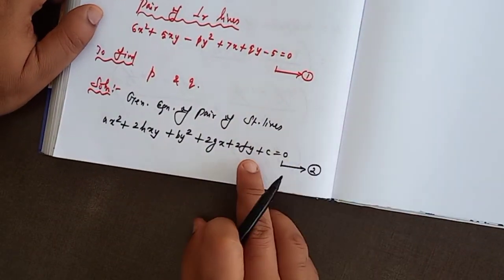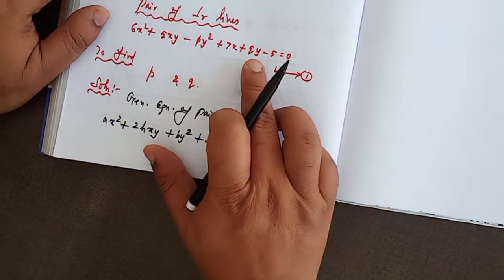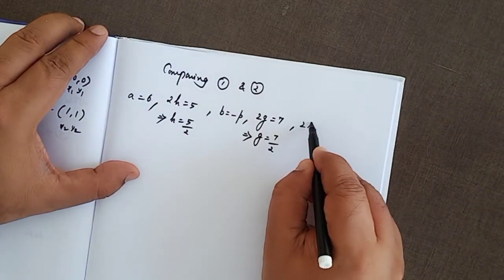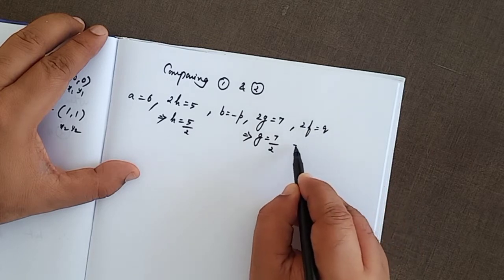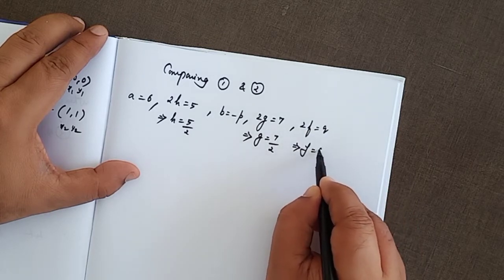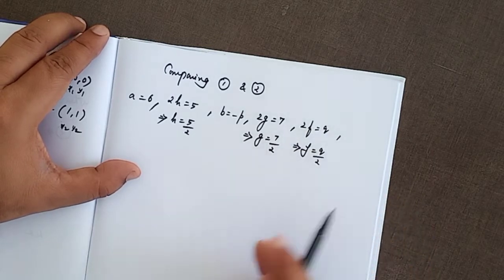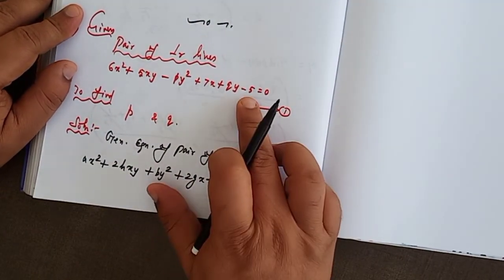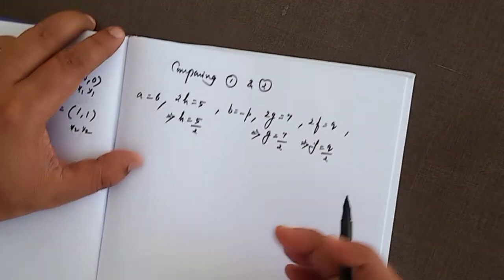Next, the y coefficient is 2f. Here it is q, so 2f equals q, which implies f equals q by 2. Finally, the constant c here is minus 5, so c equals minus 5.